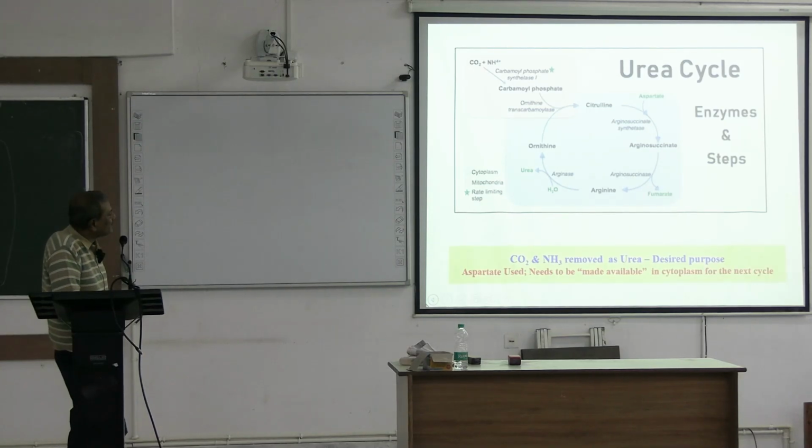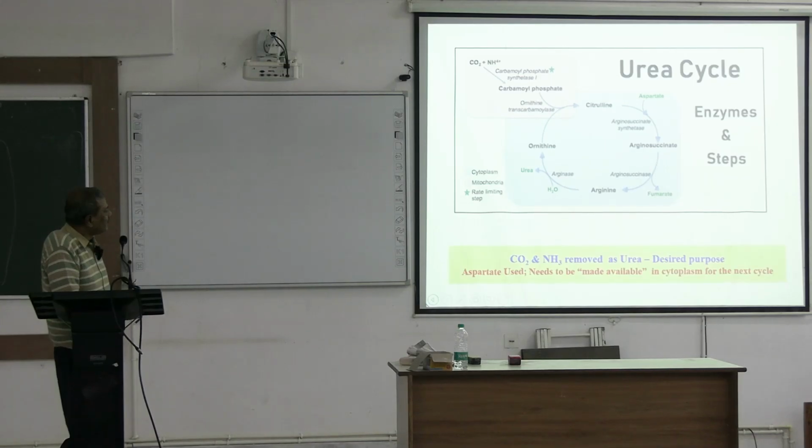The ammonia is used up by forming urea, that is the desired purpose of the cycle. While this cycle is operating, aspartate, which has an amino group, loses its amino group and gets converted into fumarate.